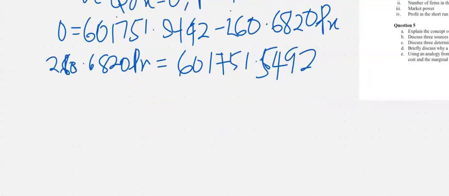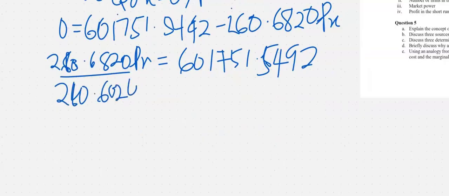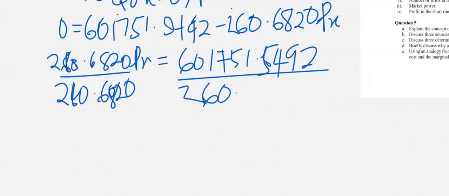Then we divide both sides by 260.6820, so this cancels this.